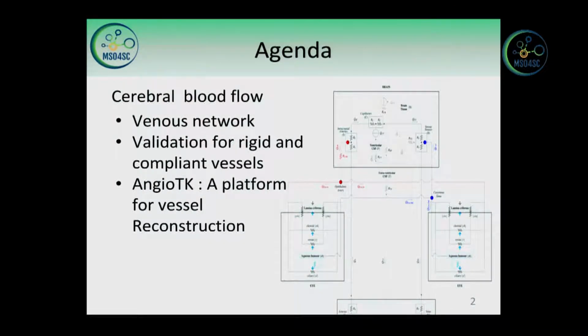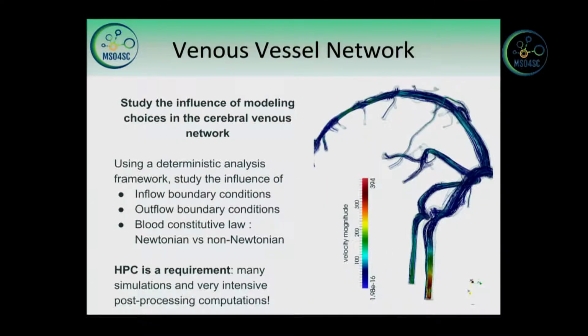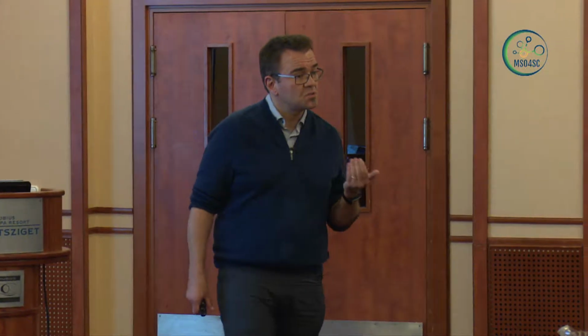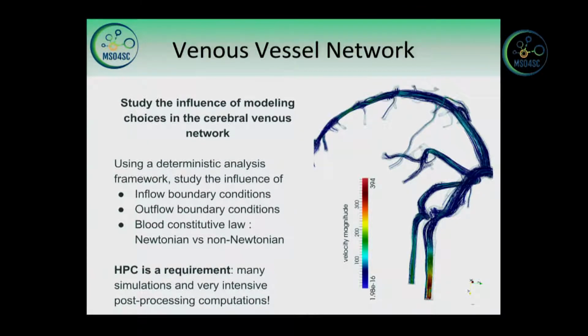To this end, we have made various developments. So I start with the venous network part. In the venous network part, as I said earlier, there is, in terms of modeling, far less known about this system. And so with my colleagues, we did a rather intensive study using a deterministic analysis tool to do a sensitivity analysis with respect to various points: boundary conditions, inflow, outflow, and also constitutive law, and how they impact the modeling with respect to measurements that we have.